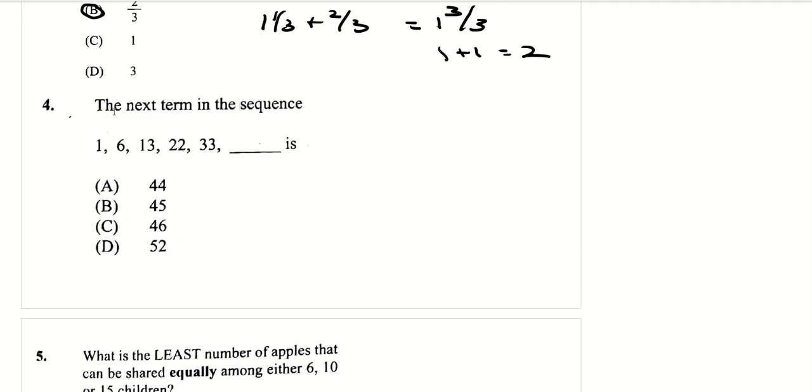Okay, so number 4, they want to know the next term in the sequence. When we're doing sequence questions, there are a series of things that need to be going on in your head. The first thing is, what type of numbers are those? Is it squared numbers? No, so we know it is not squared, right?